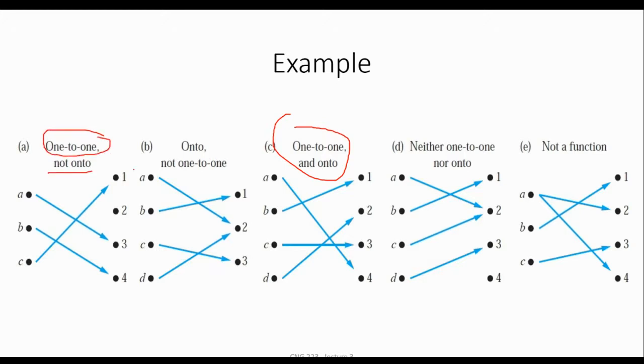Can you tell me why? Yes, you see, we have an image which is not used, and that's why we can say this is not onto. Whenever you see such cases, right away you can say they are not onto. But the rest of them are all onto.